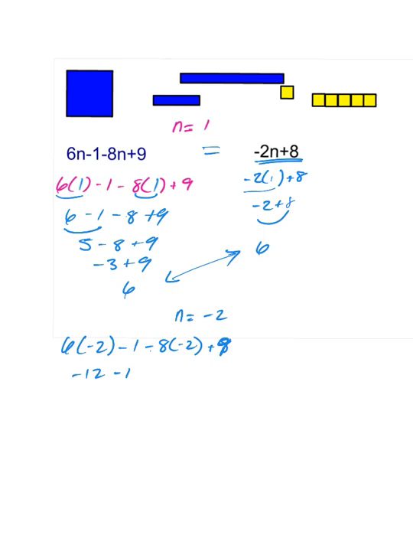And then negative 8 times negative 2 would be adding 16, plus 9. So negative 12 minus 1 is negative 13. Negative 13 plus 16 is positive 3. 9 plus 3 is 12.